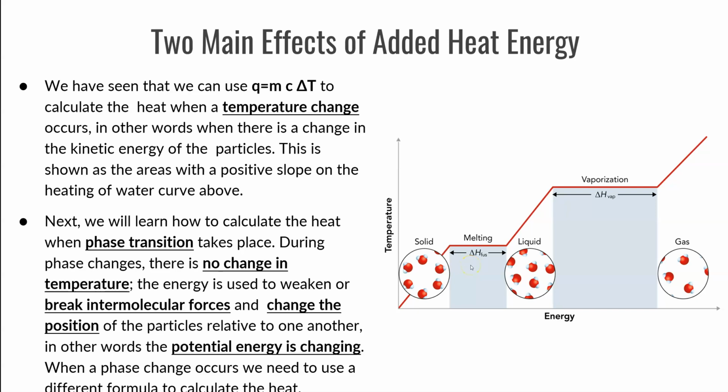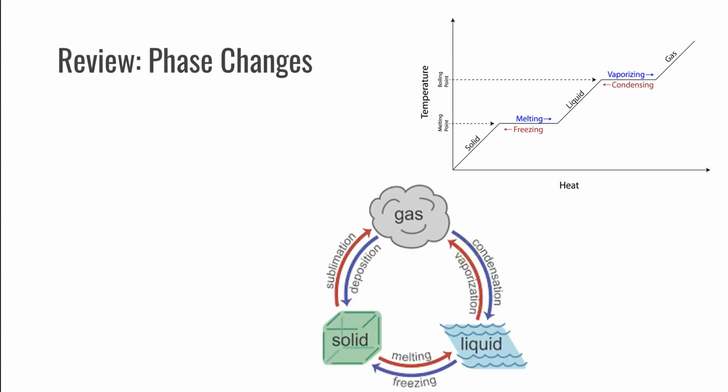So keep in mind a couple of things. The potential energy is changing as the molecules are changing phases. In addition to that, we are actually disrupting IMF. So let's go ahead and review quickly what phase changes are. When I go from a liquid to a solid, we're going to be freezing, or it's called solidification.